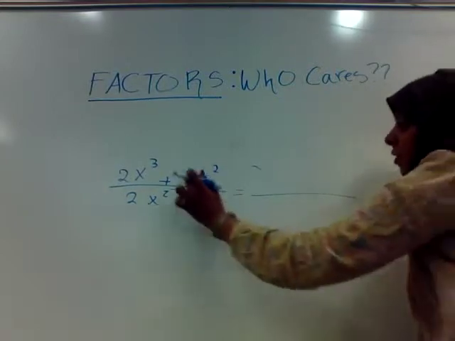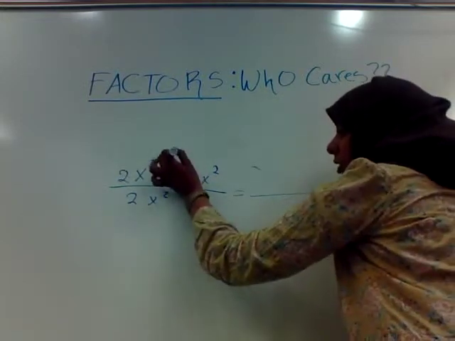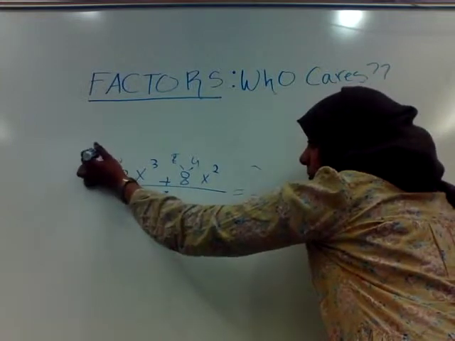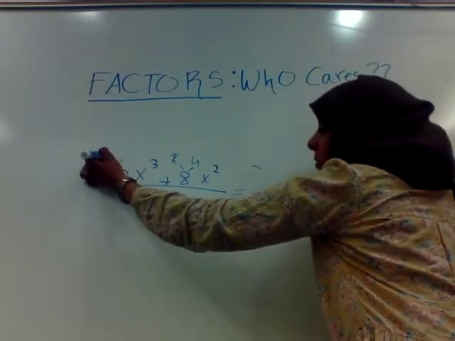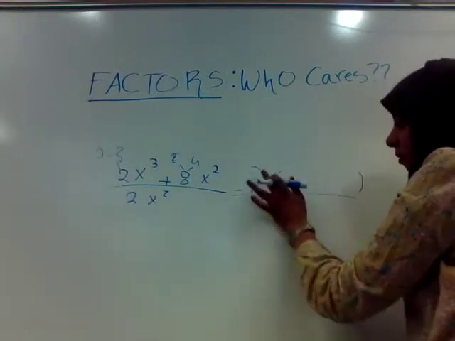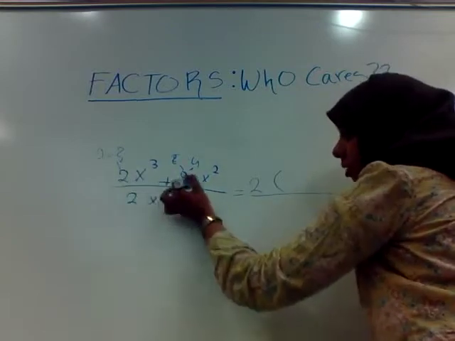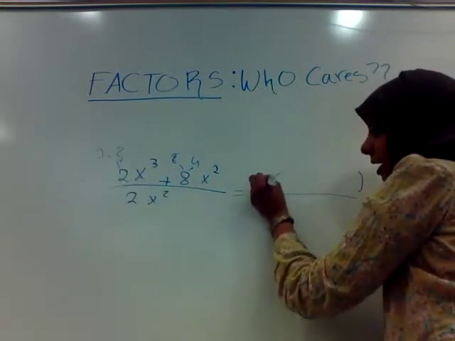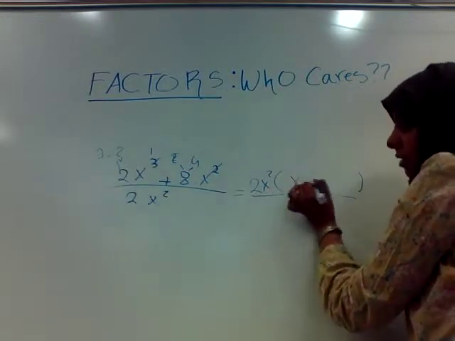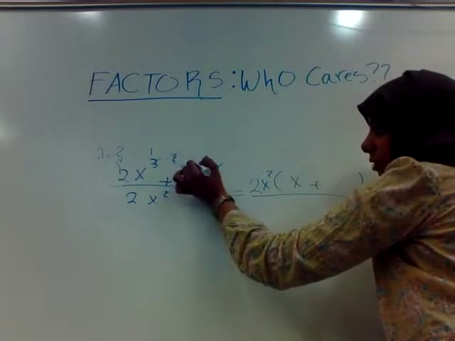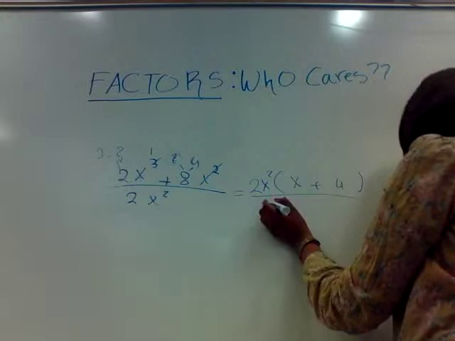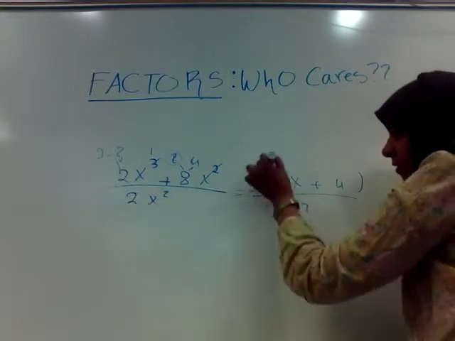The greatest common factor for 8 and 2 is 2, and for 4 it's only 1 because it's a prime number, and 2. We take the 2 outside the parentheses, and also we factor the x squared out, so we have only 1x here, plus we take the 2 outside, so we have the 4, and in the denominator we have 2x squared, and we're going to factor these two.